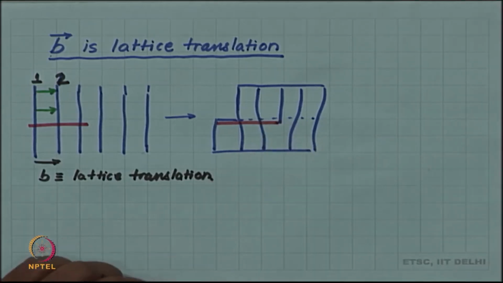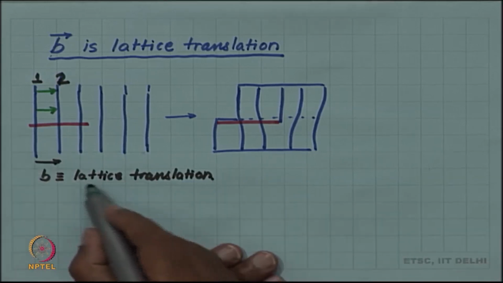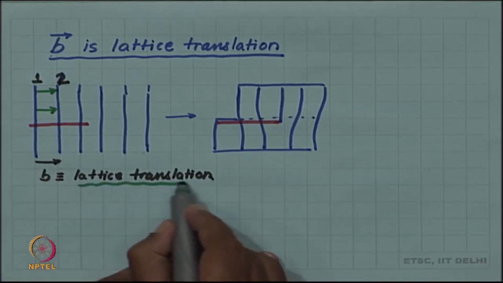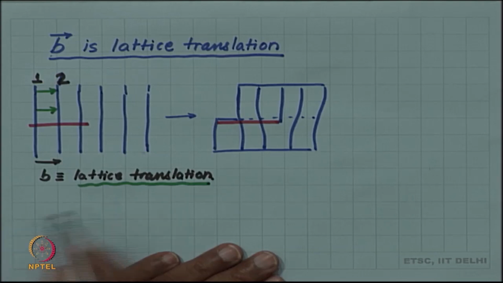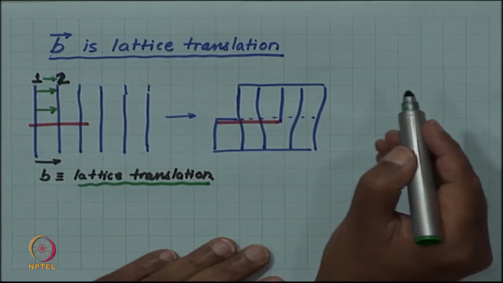That was the slip plane. This was necessary, the fact that we made the Burgers vector a lattice translation, if I wanted the first plane to join the second plane.